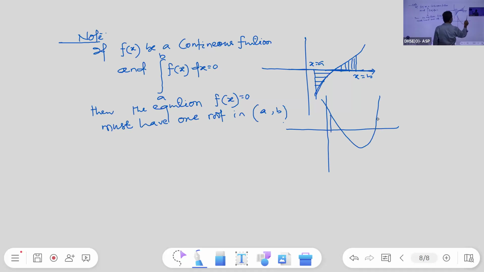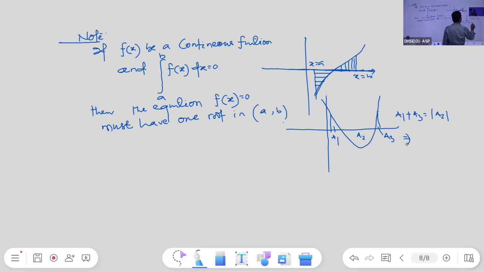Suppose this is A1, this area is A3, this area is A2. So the magnitude of A1 plus A3 is equal to mod A2.